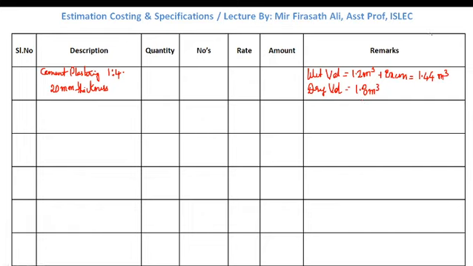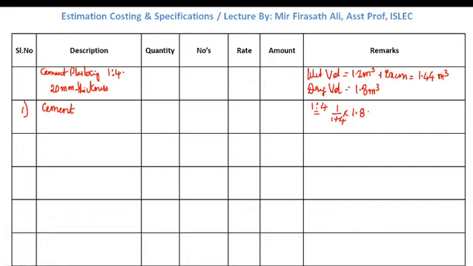Okay, so now let us calculate cement. First one, let us calculate cement. Quantities we need to take out from here. Okay, as it is 1:4 ratio, so 1 by 1 plus 4 into the volume will be 1.8.